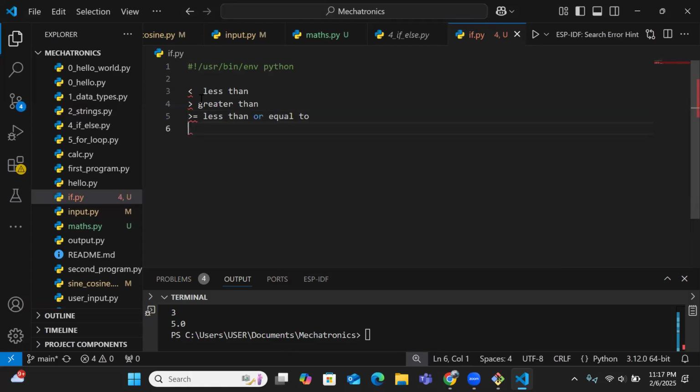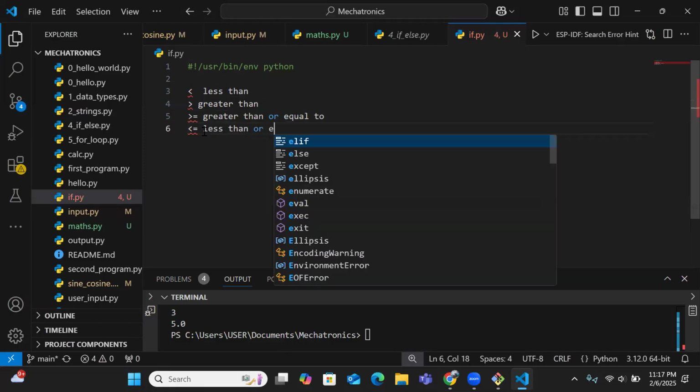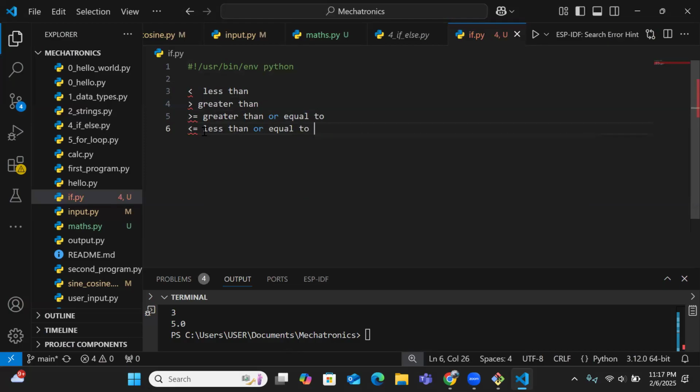Then the opposite, that is greater than or equal to. Yes. Greater than or equal to. Then this is less than or equal to. And then we also have in programming, this is called equal to.